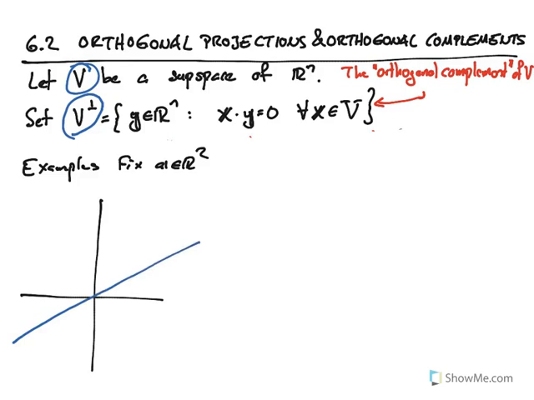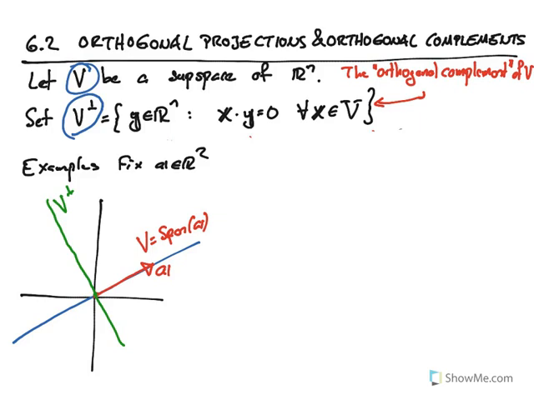Now, if you take some vector A, then V in this case is the span of the vector A. And then the orthogonal complement consists of the set of vectors that are orthogonal to V, so that is V perp.